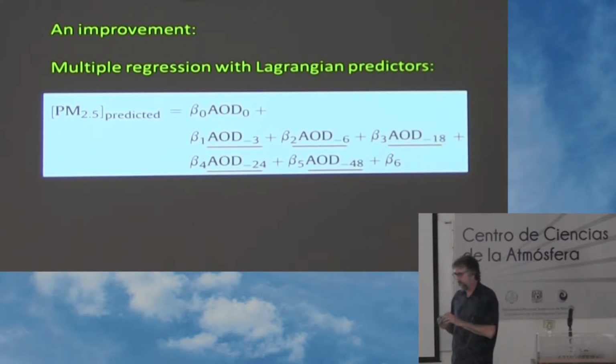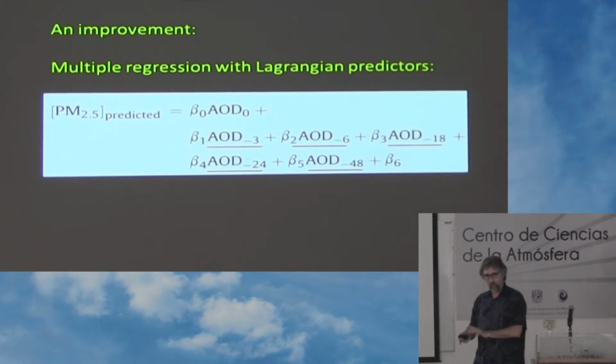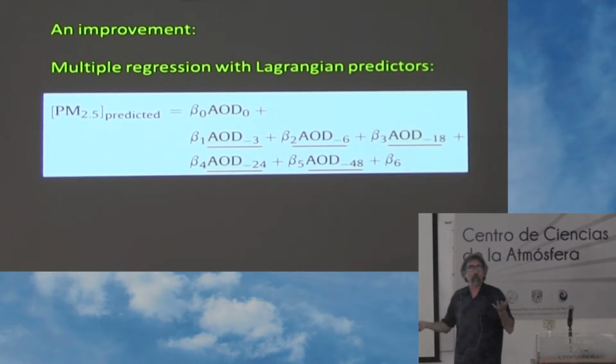So with this in mind, we added several terms to the regression equation. So this one with the 0 means aerosol optical depth in situ, at the location where you want to know PM 2.5. This one represents 3 hours upwind.